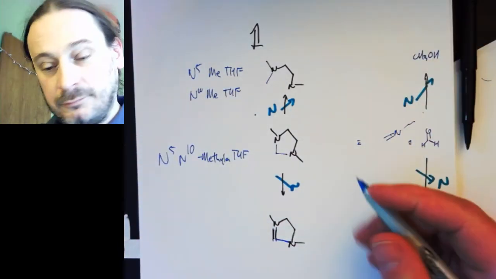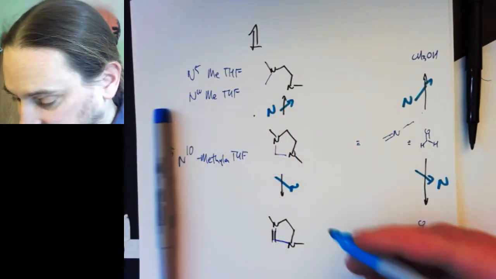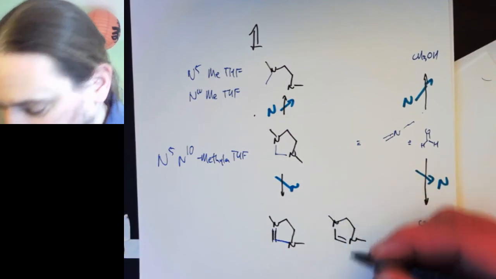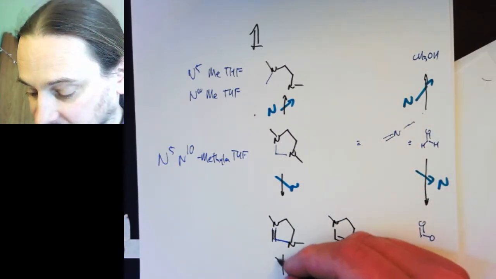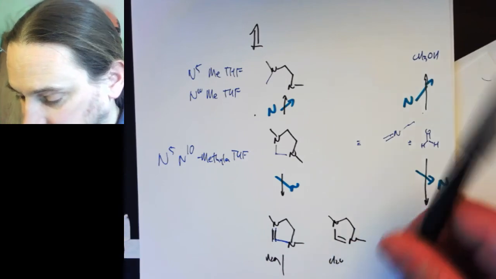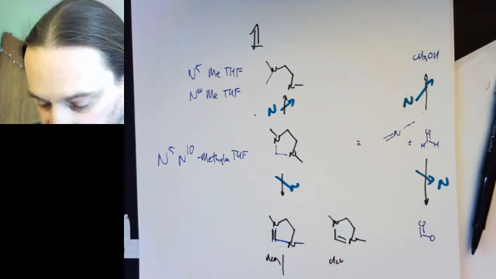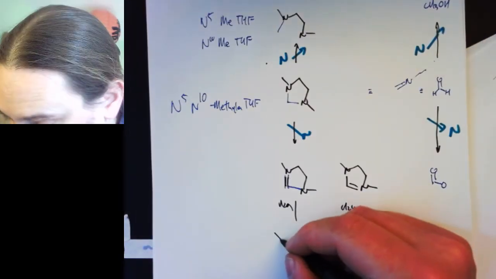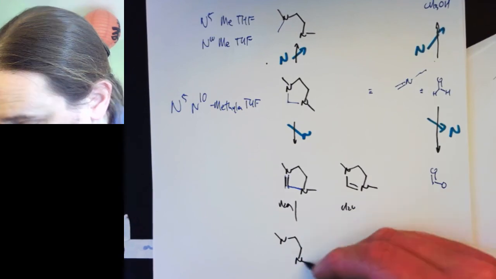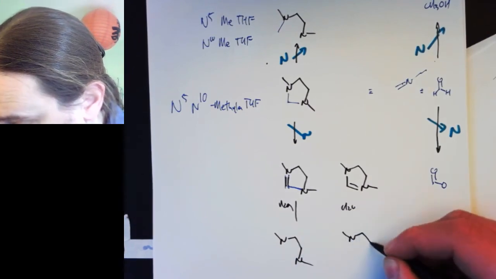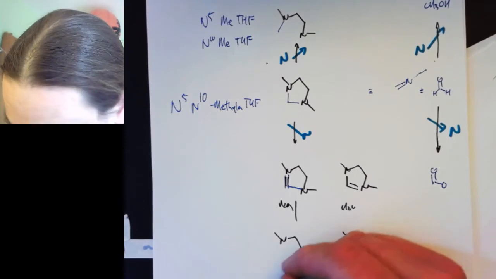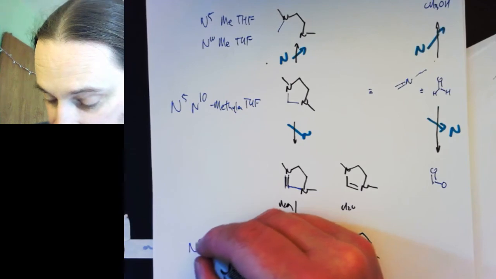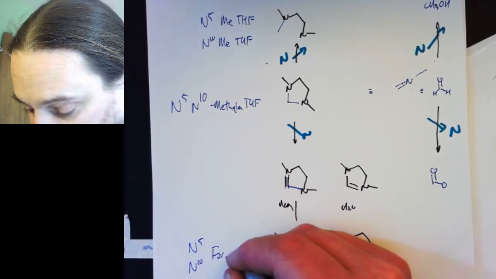This thing, or we can also get this thing, and these things can then hydrolyze to, of course, this is in fact kind of a Schiff base here, and so we would get formyl. All right, so I get N5 or N10 formyl.